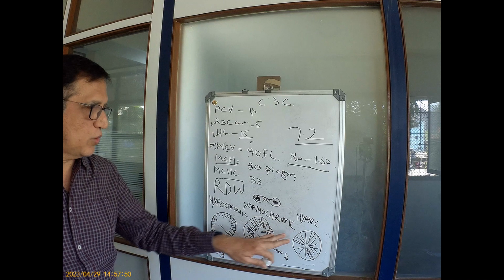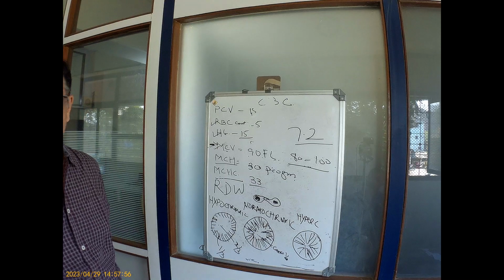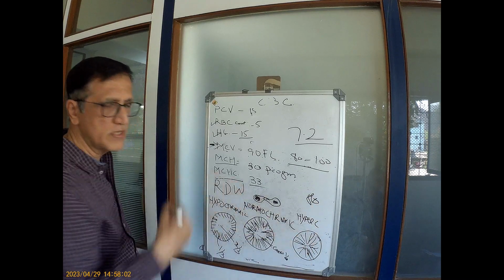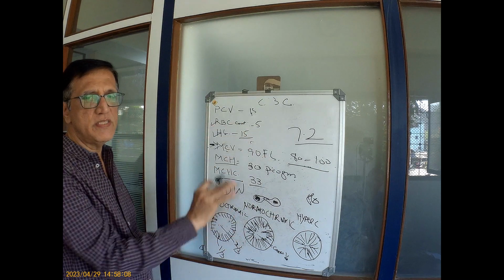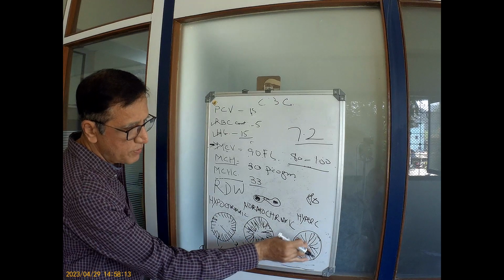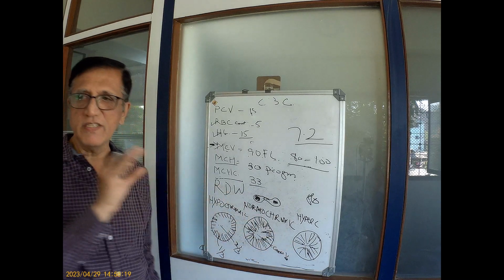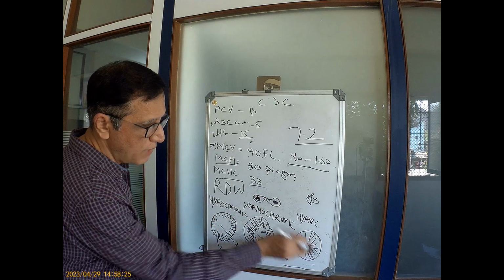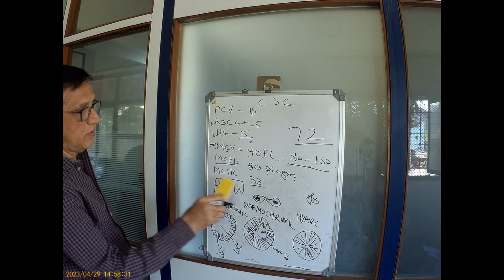But apart from that, we will never get hyperchromic, because hyperchromic means the MCHC is more than 33 to 36, and it cannot be so much, because we already defined that metabolically an RBC can only sustain about 1/3 of its weight as hemoglobin. Hyperchromic is a hypothetical entity which will come up as a reality in spherocytosis. I'll explain the pathology of spherocytosis, how it becomes hyperchromic. That's why we get very high MCHC values.